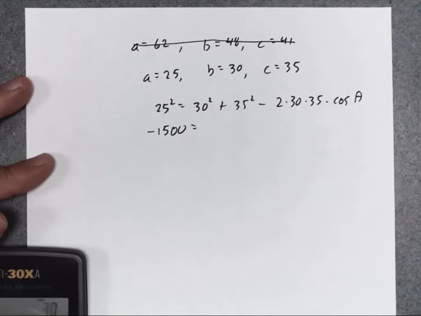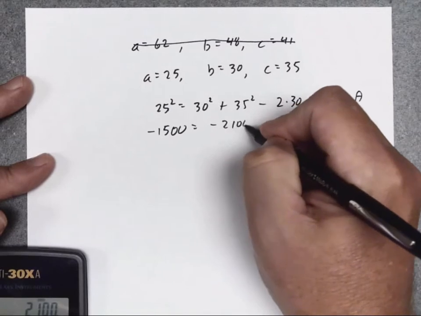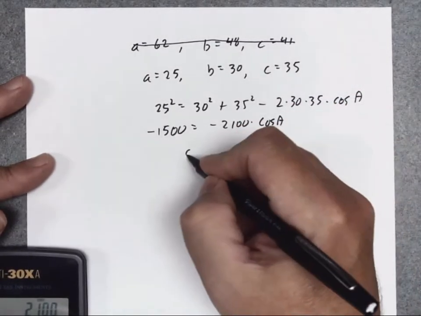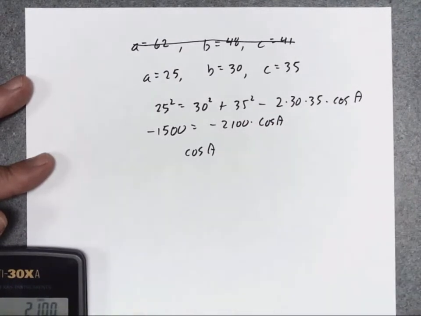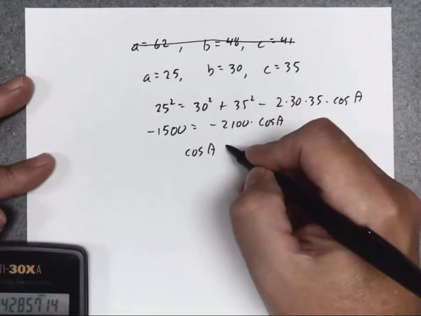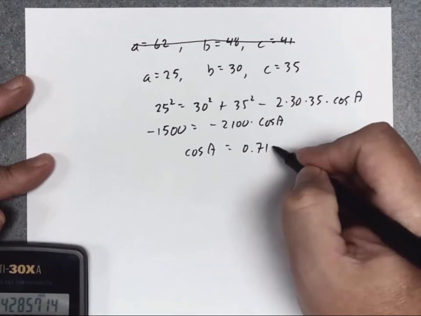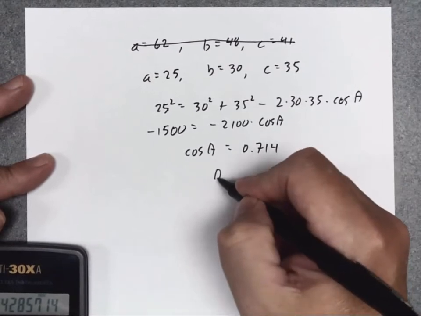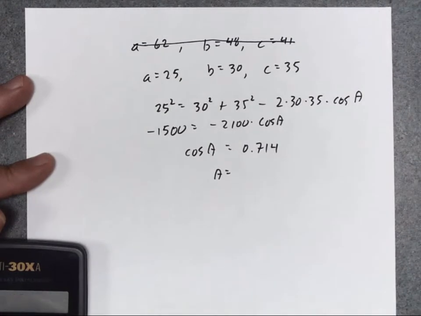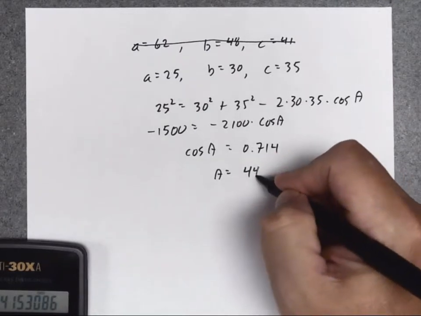I have negative 2100 cosine of A. So if I solve for cosine of A, I get .714. Take the inverse cosine of both sides, and I get 44.4 degrees for angle A.